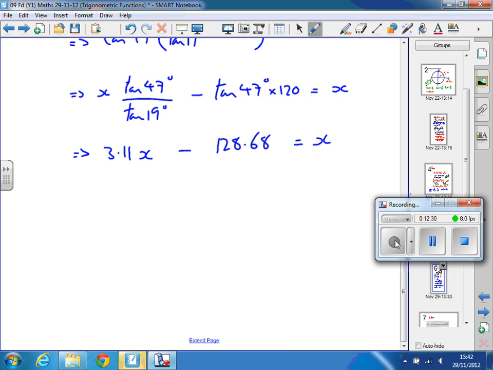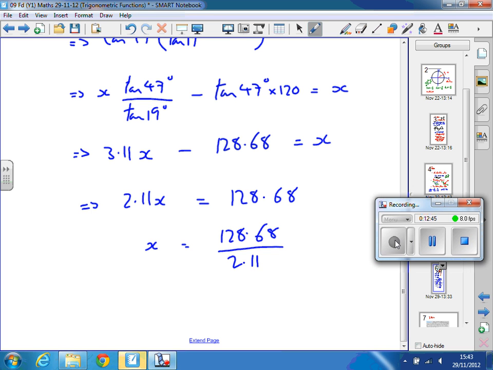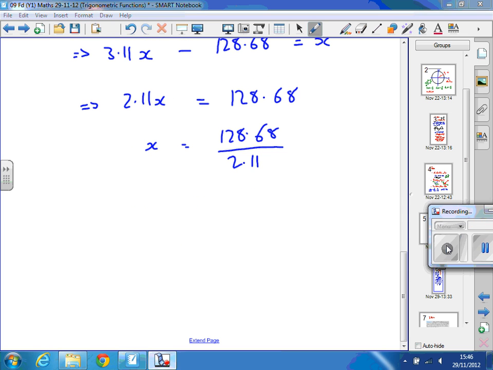So I get 2.11x equals 128.68, and x equals 128.68 divided by 2.11, which is, so therefore x equals 60.18.